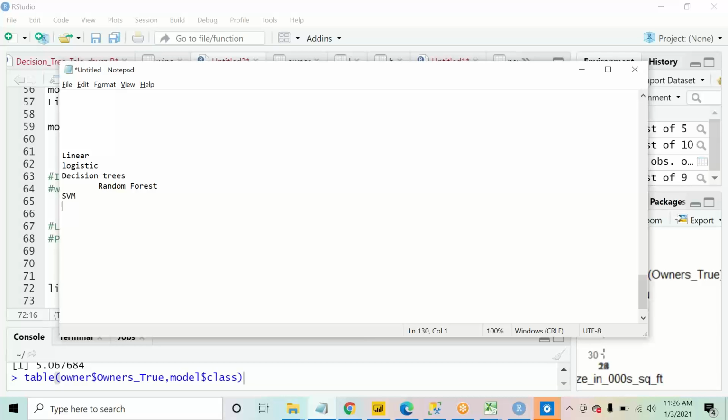Then starts the concept of clustering. And you have PCA.